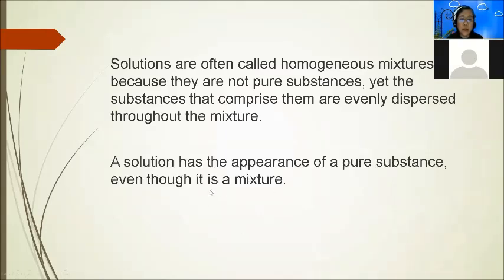So, a solution has the appearance of a pure substance even though it is a mixture. It looks like a pure substance because it is homogeneous in nature. And it's got something to do with the miscibility of the substances that comprise the solution. We'll be talking about miscibility a little later. Let's continue.